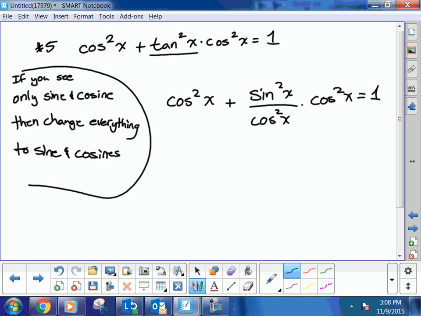And then a connection should have been made from here. If you notice, what are you able to do? Yeah, cancel out the cosines, right? So this is going to cancel with this. And I'm going to be left with cosine squared x plus sine squared x is equal to 1.